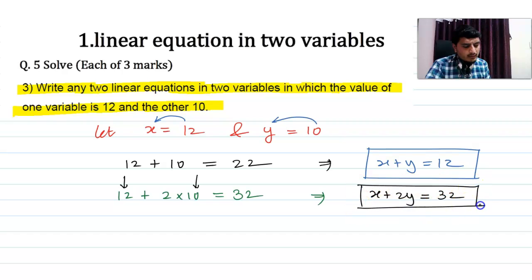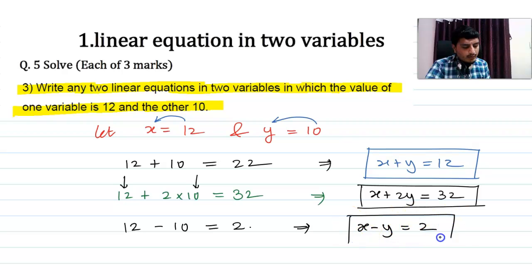We may form other numerical equations also by using 12 and 10. Likewise, suppose we have 12 minus 10 equals 2. Replacing 12 by x and 10 by y, we get the linear equation in two variables x minus y equals 2.